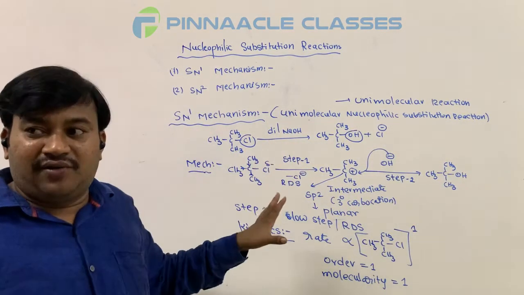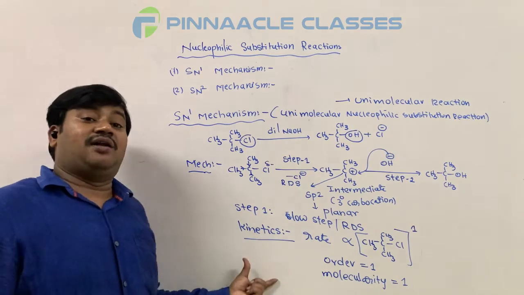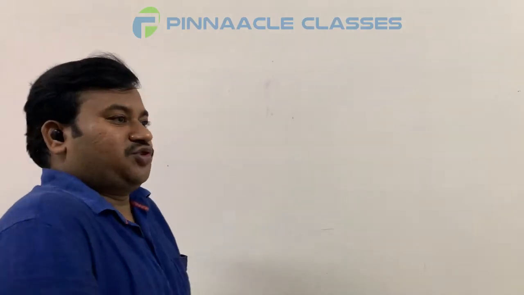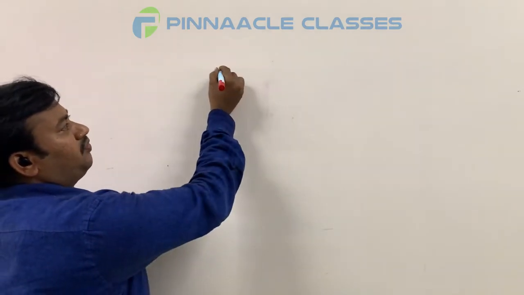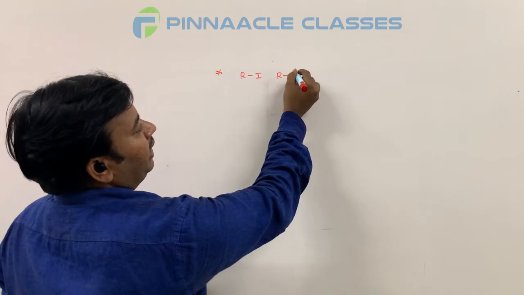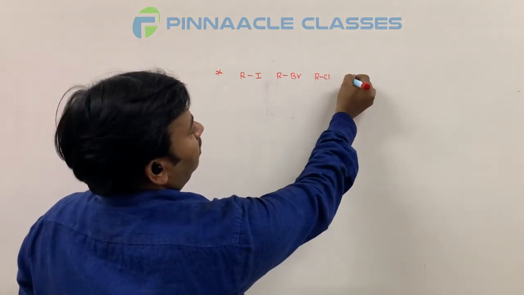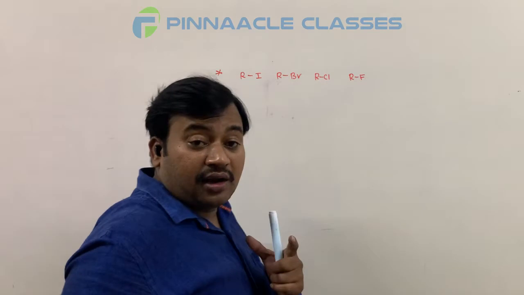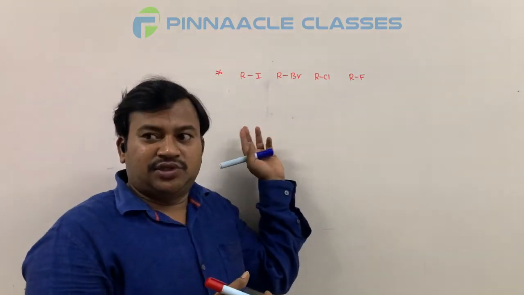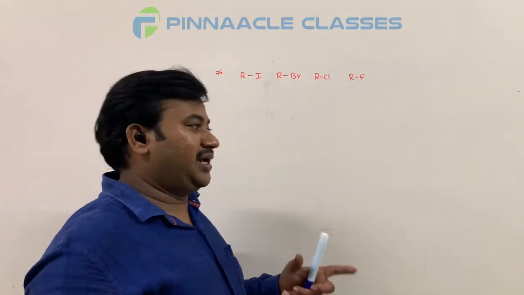And regarding solvent, we will discuss what type of solvent this mechanism prefers. See, in nucleophilic substitution, I am taking different types of alkyl halides: alkyl iodide, alkyl bromide, alkyl chloride, alkyl fluoride. Which alkyl halide is more reactive towards the SN1 mechanism? You take any nucleophilic substitution reaction basically.